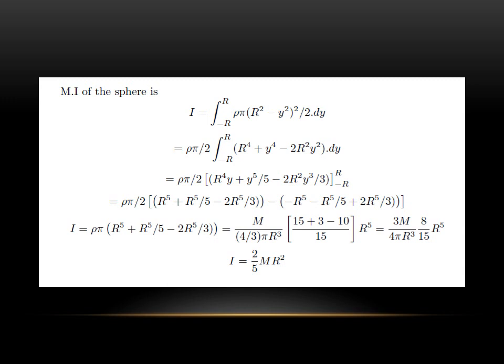Integrating with respect to y, the first term will give R⁴ into y, the second term will give y⁵ by 5, minus 2R²y³ by 3, between the limits minus R to plus R. Just apply the limits and solve it. You will get the moment of inertia as 2/5 MR². This is the moment of inertia of a solid sphere about the diameter.